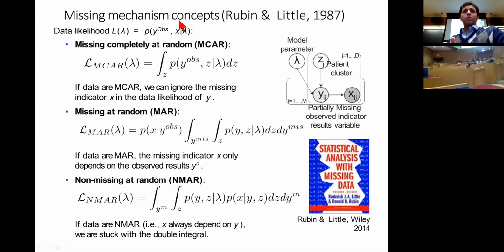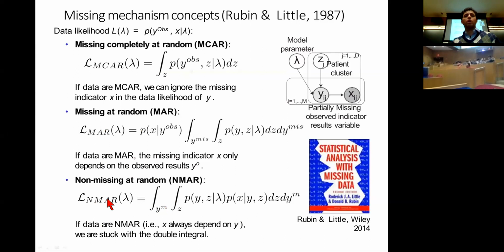So the concept here is that you can actually distinguish different missing mechanisms. You can have a mechanism of missing completely at random, whereby the missing data is neither driven by the observed data nor driven by the missing data. They're simply missing at random, which basically says that the missing indicator only depends on the observed results, but not on the missing results themselves.